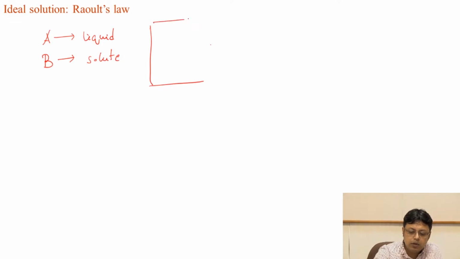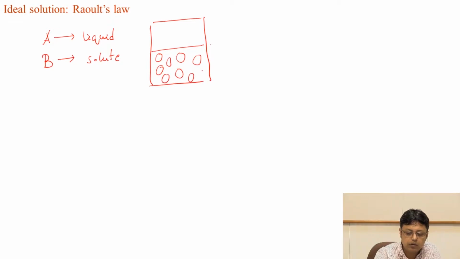And then we are trying to give again a molecular level picture. So in the liquid you have all these liquid molecules, or molecules of A, and suppose I'm writing the molecules of B like this.